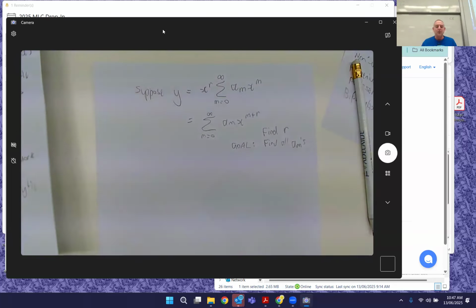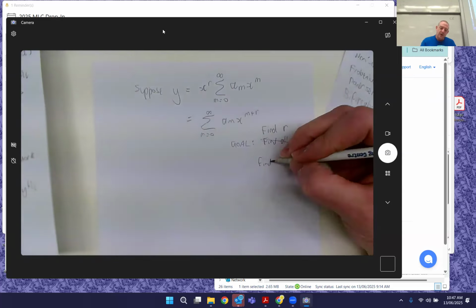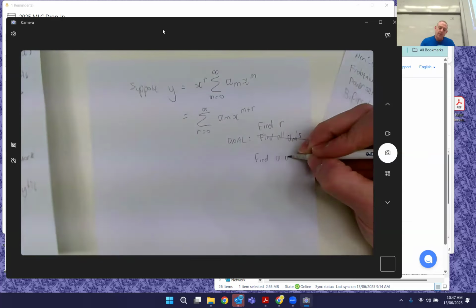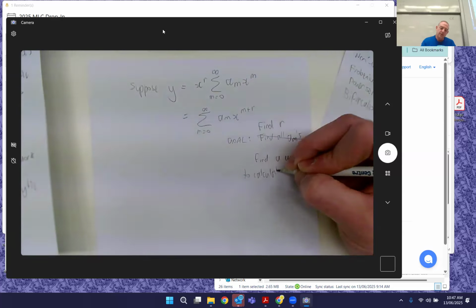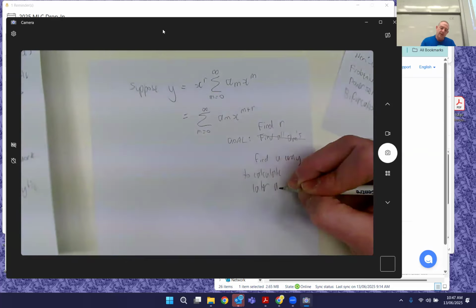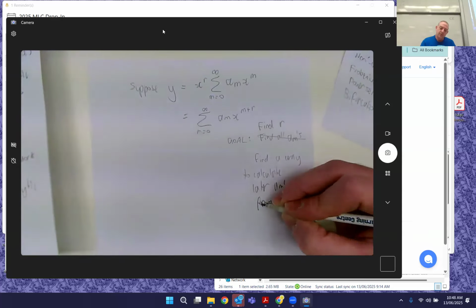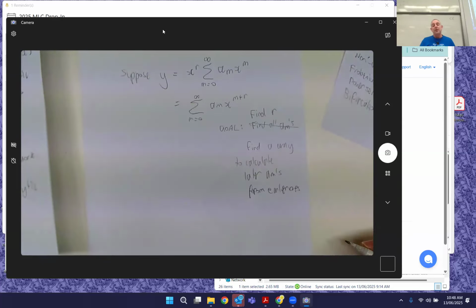And so instead of finding all the AMs, what we're actually going to do is find a way to calculate later AMs from earlier ones. And that'll be okay because most of the applications we need, the x's are small numbers anyway, and so the later coefficients don't matter.